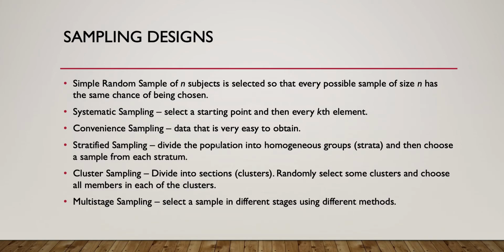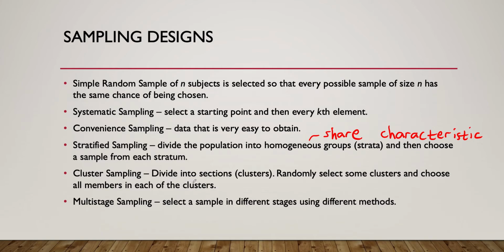Stratified sampling is where you divide the population into homogeneous groups or strata. Homogeneous meaning that they share a characteristic. And then choose a sample from each stratum.